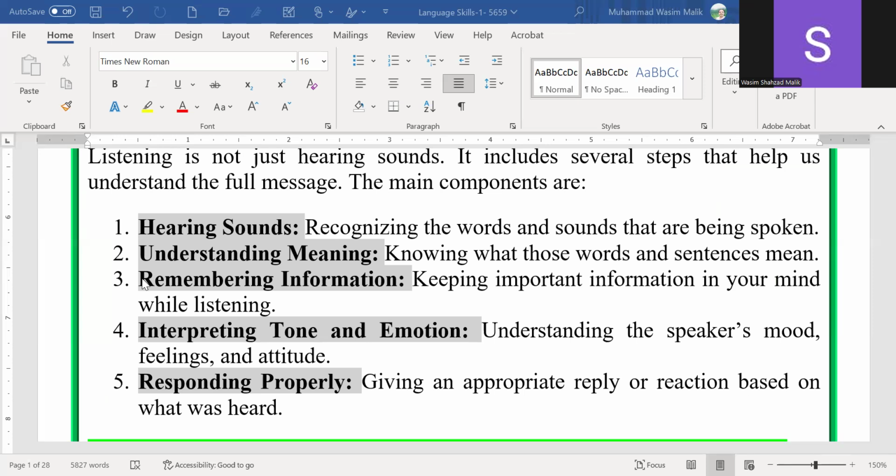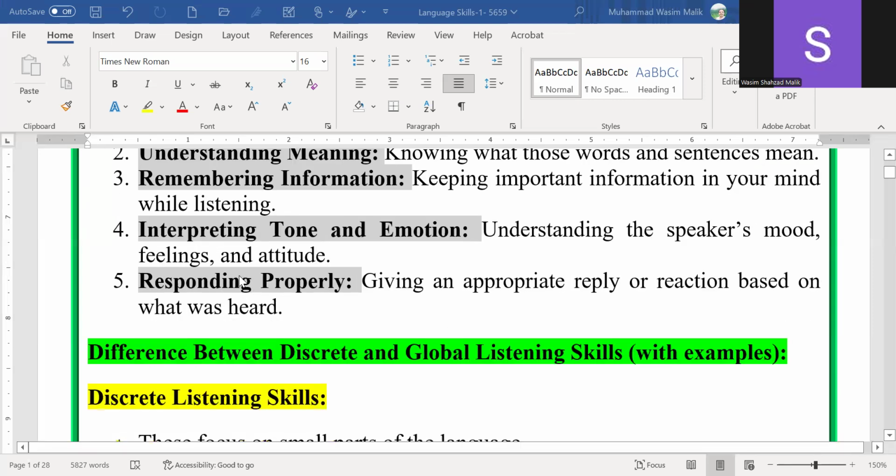Third component, remembering information: keeping important information in your mind while listening. When you are listening, you must get the information and you have to remember that information. Fourth, interpreting tone and emotions: understanding the speaker's mood, feelings, and attitude. When somebody is speaking and you are listening, you have to get the mood, the feelings, and attitude of that speaker.